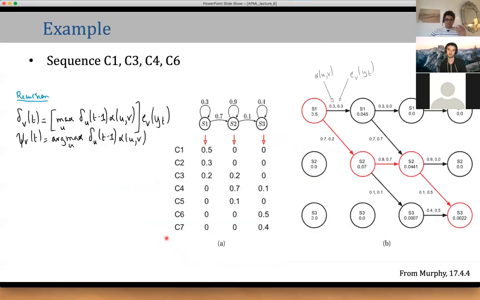Okay, so it looks a little complicated when you look at the formula. Let's look at a simple example I took from Murphy, because I thought it was a relatively simple model, and we can go through it relatively easily. So I recall here the recursion formula because maybe we need that. And this is the hidden Markov model we have.